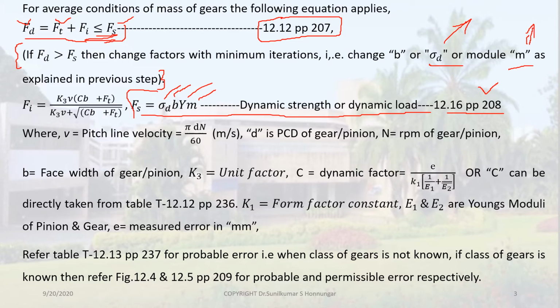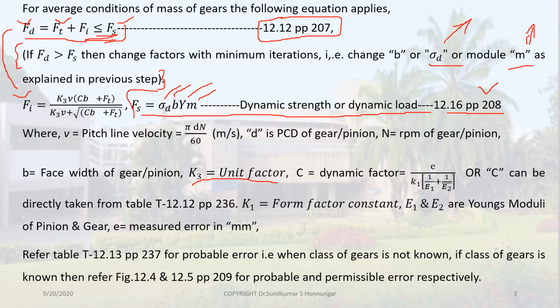Taking all this, the expression is K3V into the bracket capital C into B plus FT, bracket complete, divided by K3V plus the root of capital C into B plus FT. Wherein K3 is given in the data book, please refer; there is no separate expression for Fi, it is given just below this expression in the data book.